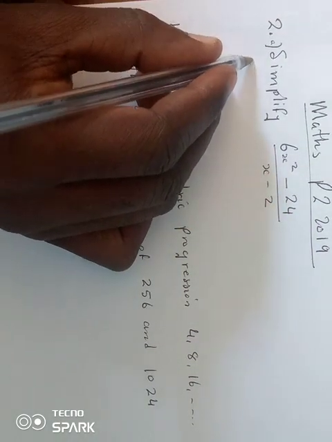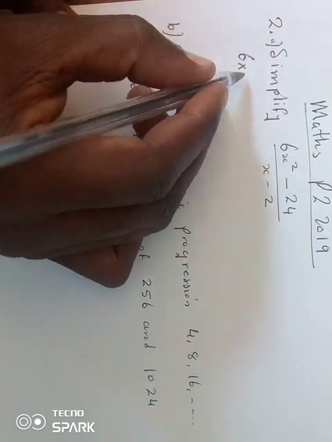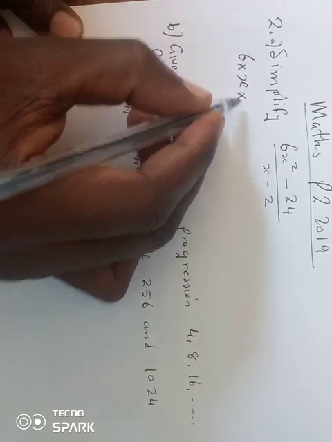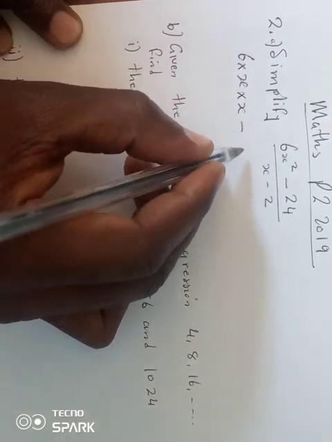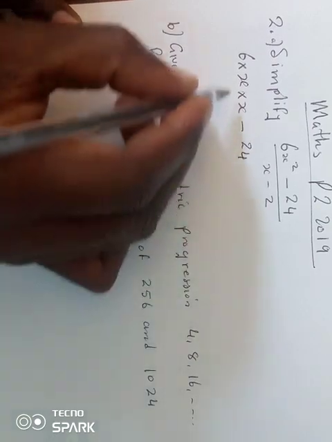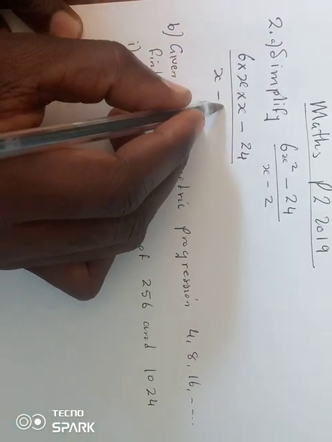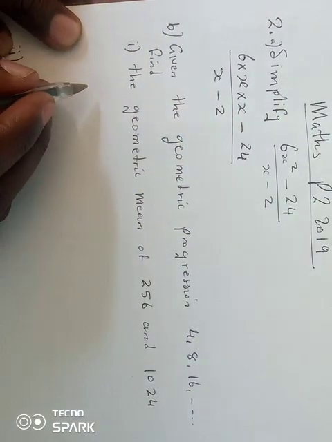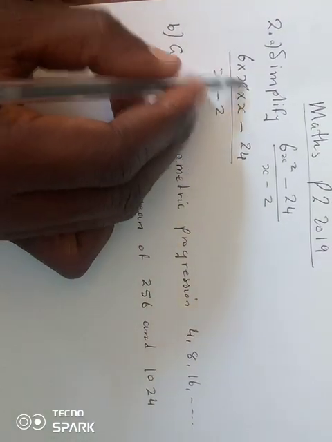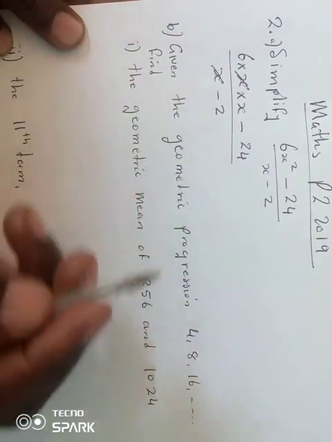So we have 6 multiplied by x, minus 24 over x minus 2. Okay, so x divided by x will give you 1.